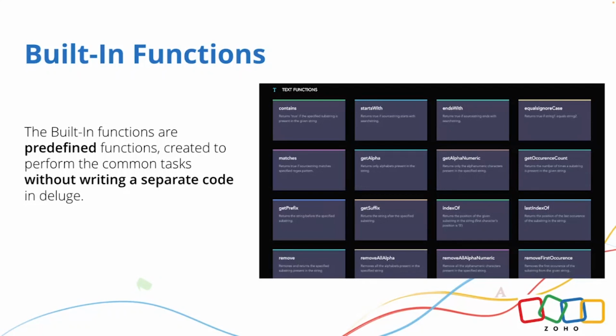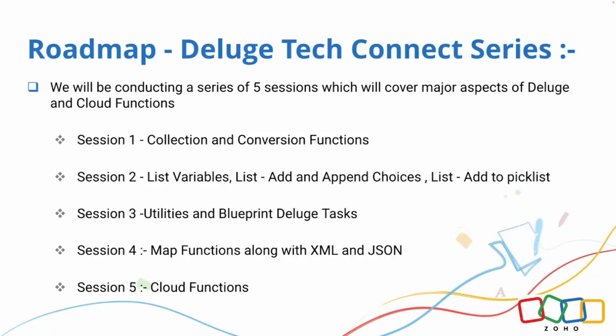All right, let me introduce you to the roadmap. So this is the roadmap for the Deluge Tech Connect series. We'll be conducting a series of 5 sessions which will cover the major aspects of Deluge and cloud functions. The first session will be based on the collection and conversion functions, which we'll be covering today. From the next session, we'll go with the list variable: list, add and append choices, like dynamic pick list, add to pick list.